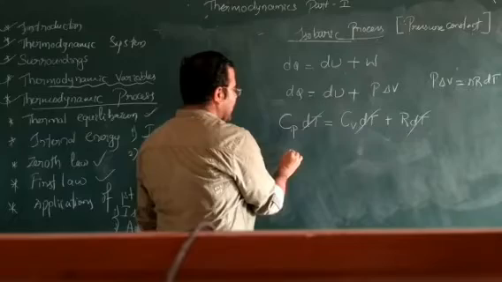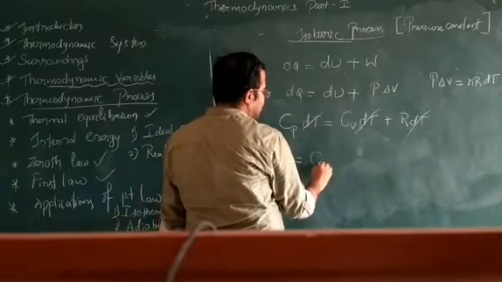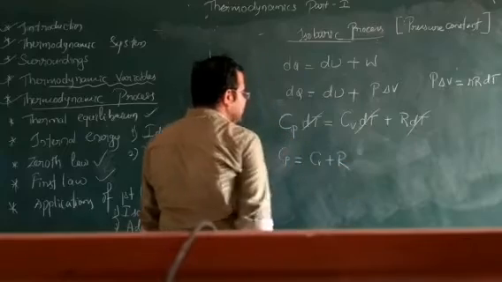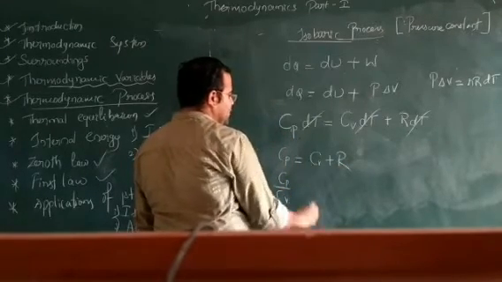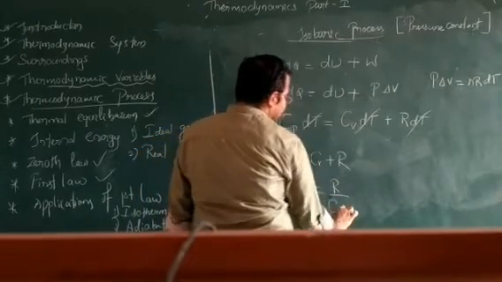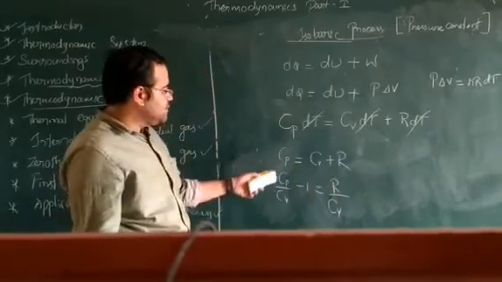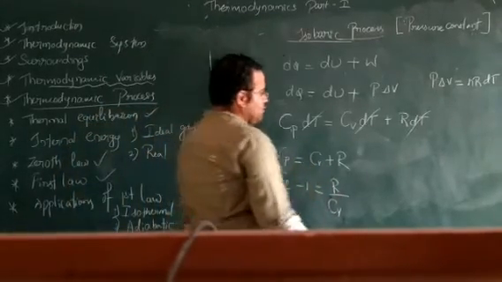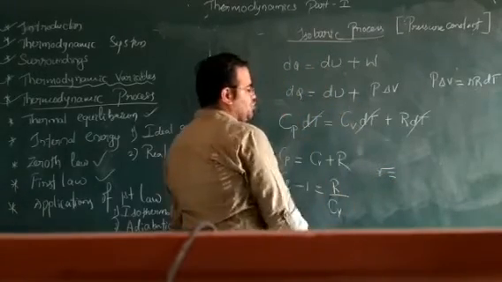After cancellation, we can write Cp is equal to Cv plus R, or we can write Cp divided by Cv minus 1 equals R divided by Cv, by dividing by the Cv term. Cp divided by Cv is taken as a ratio, and that ratio is gamma.